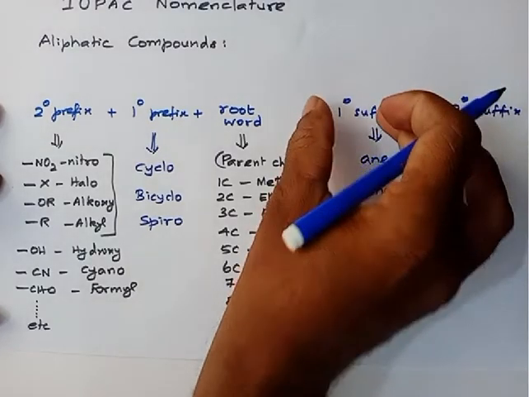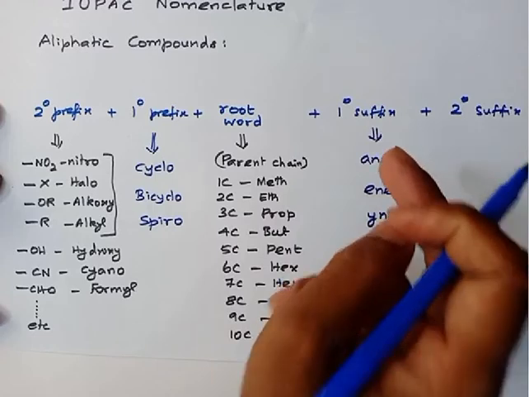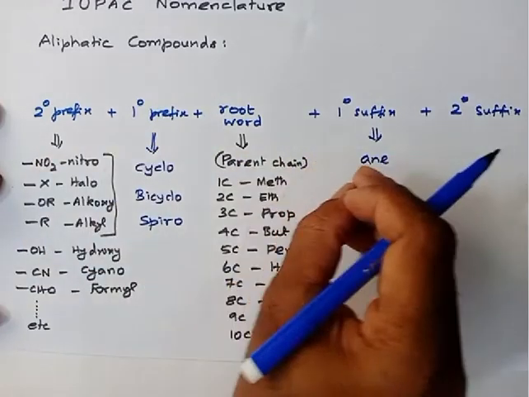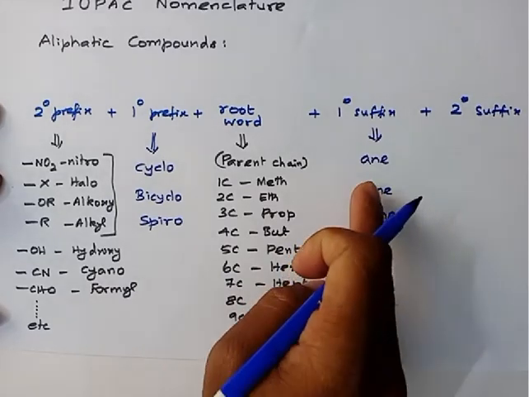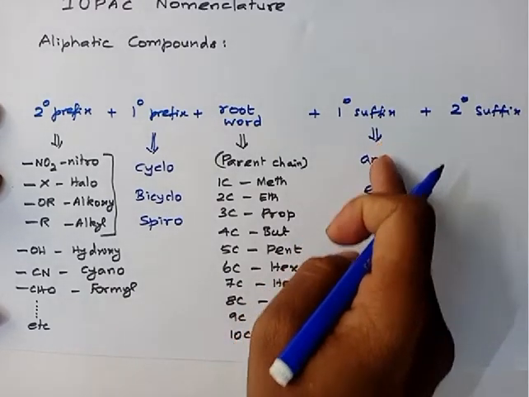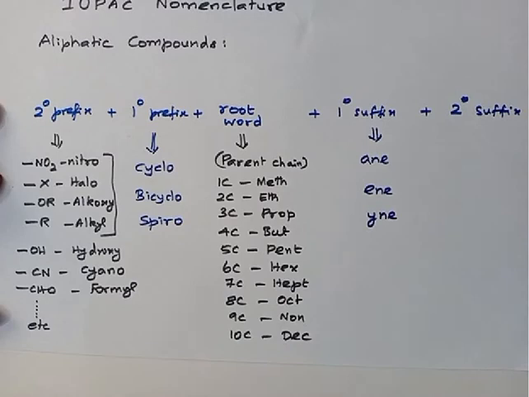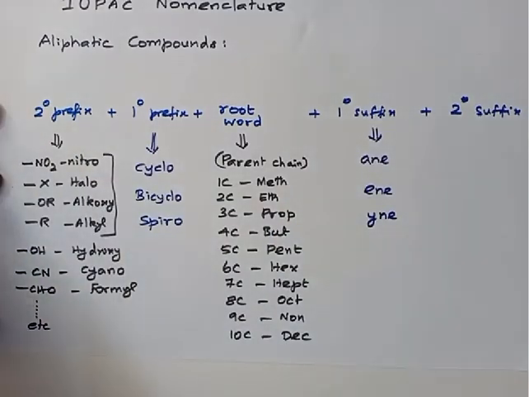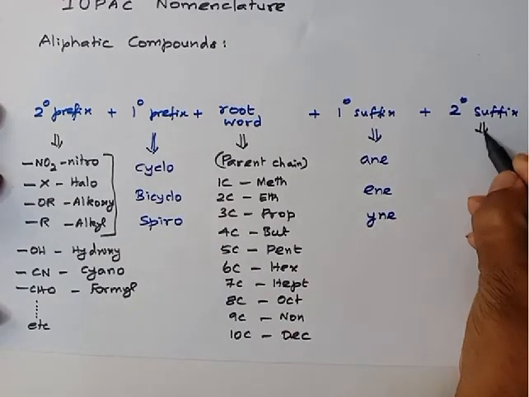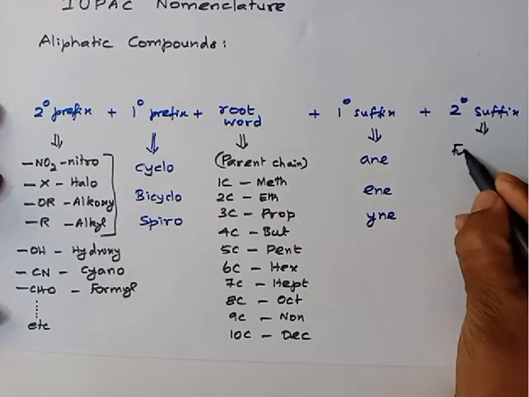So the primary suffix indicates whether the parent chain is saturated or unsaturated. Unsaturated means it contains a double bond or triple bond. That information should be mentioned here. Then the secondary suffix. The secondary suffix tells you about the nature of the functional group present.